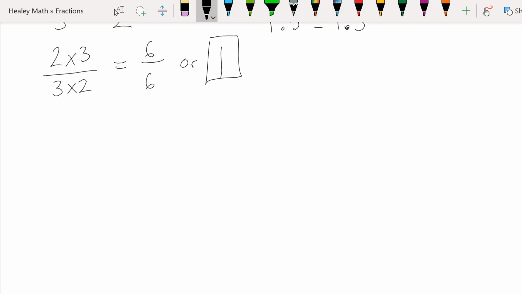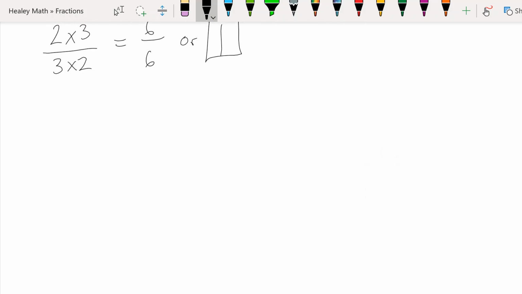Let's try with dividing now. So when we divide fractions, it's in the case where we have 1 over 2 divided by 1 over 3.